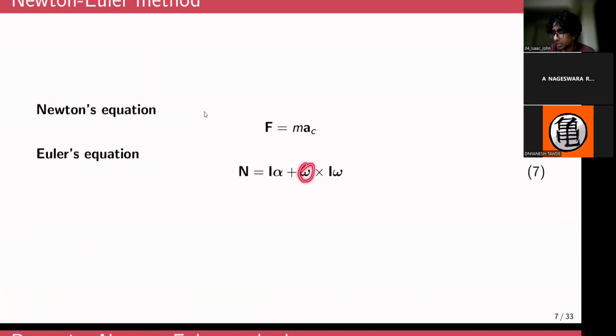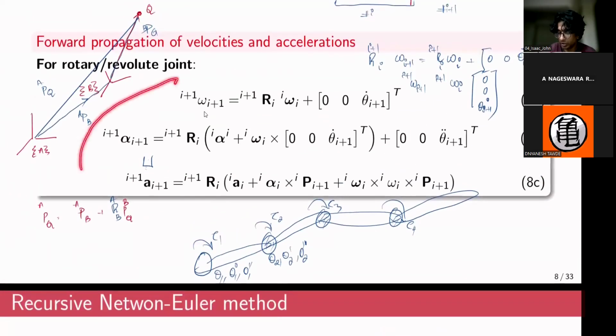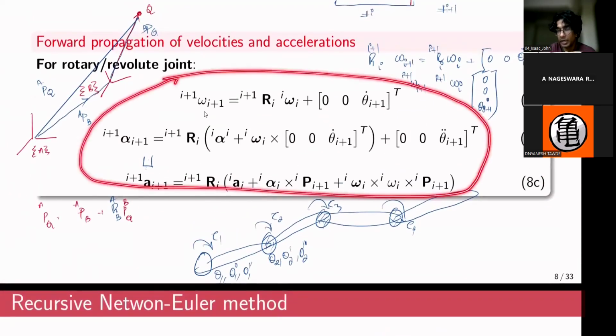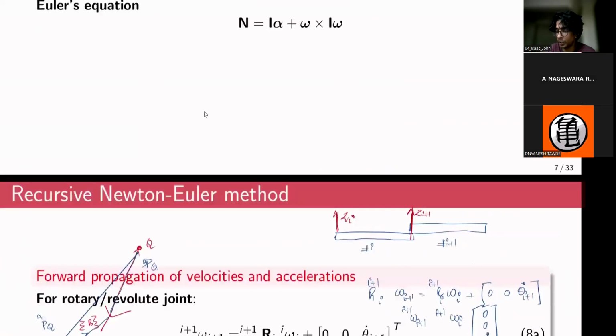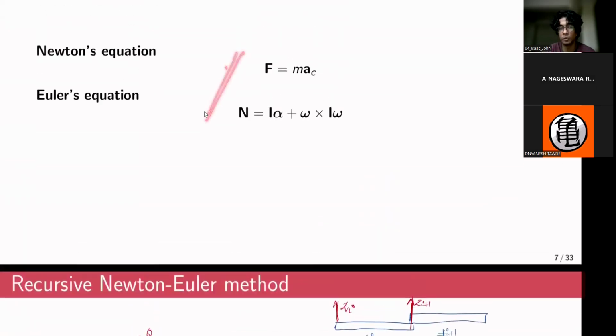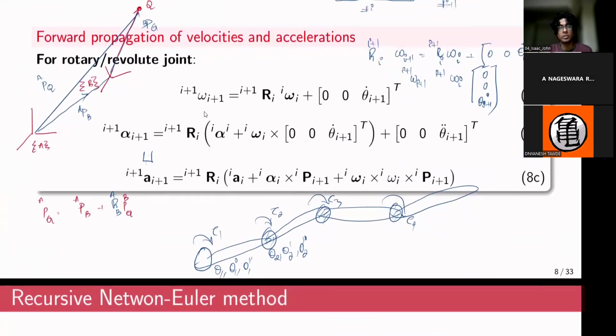So to find out these terms, omegas, accelerations of the center of gravity, angular accelerations of the individual links, we need these propagation equations. We need these equations so that they can be substituted into the Newton-Euler equations of motion. That's why we need these propagation equations. So I hope that is clear.